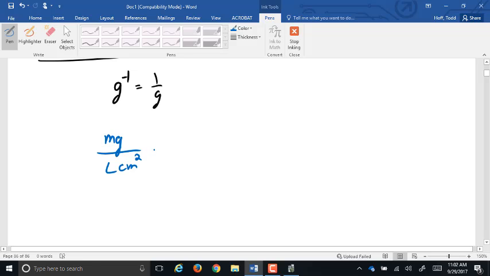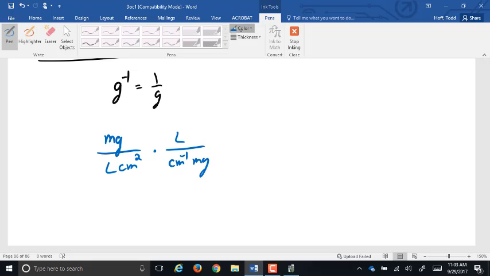Milligrams over liters times centimeters squared times... Again, I realize this is an extreme example, but this is what the textbook is doing. You can cross cancel, the liters cancel out, the milligrams cancel out. So what we're left with here is 1 over centimeters squared.